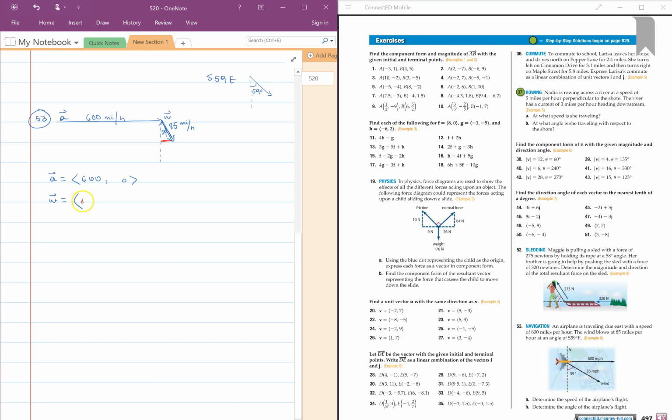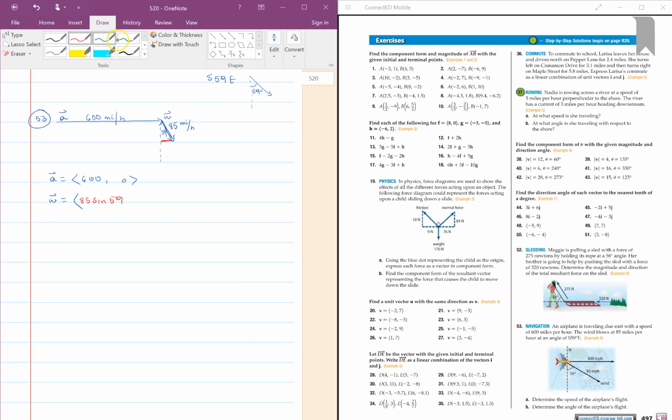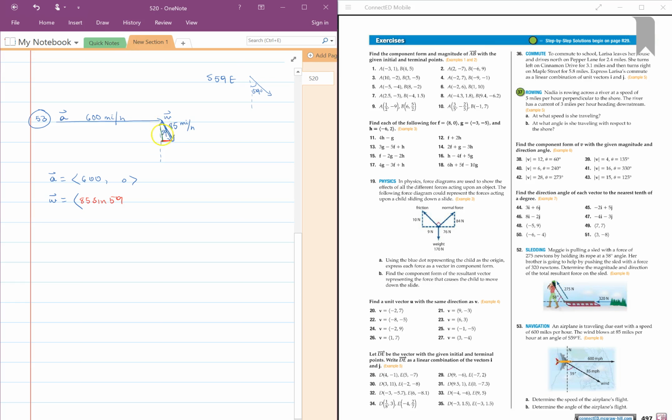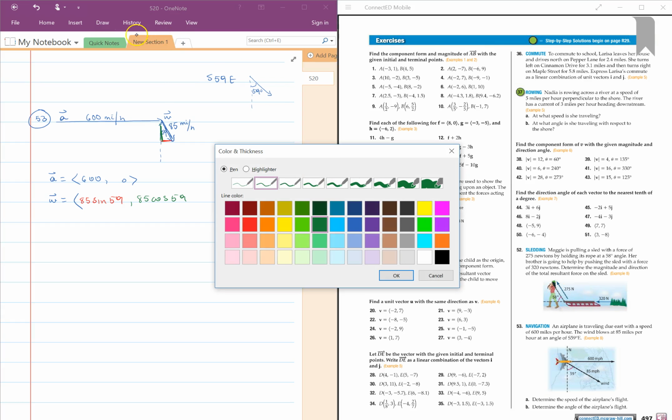So this is 85 sine 59. And then the y component is 85 cosine 59. Okay? Do you guys see what is going on?